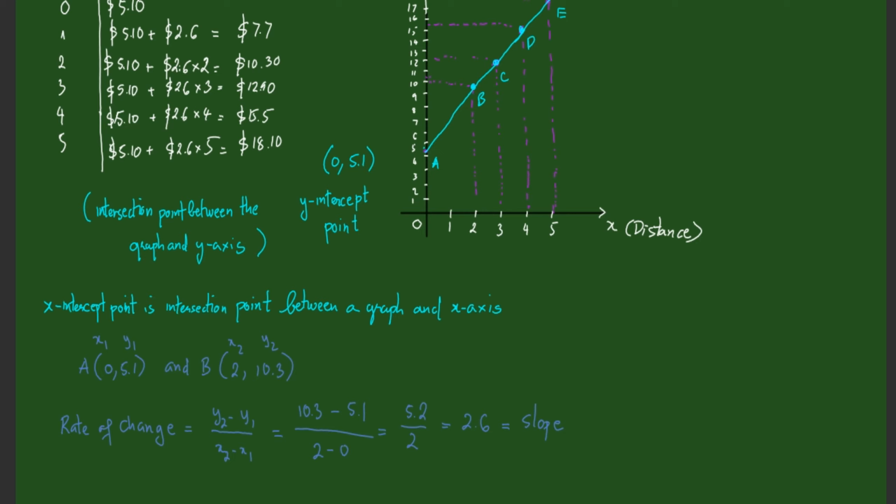So if the slope is positive, then the line is slanted upward. And if the slope is negative, it's slanted downward. I'm sure some of you already know this because we learned it in high school.